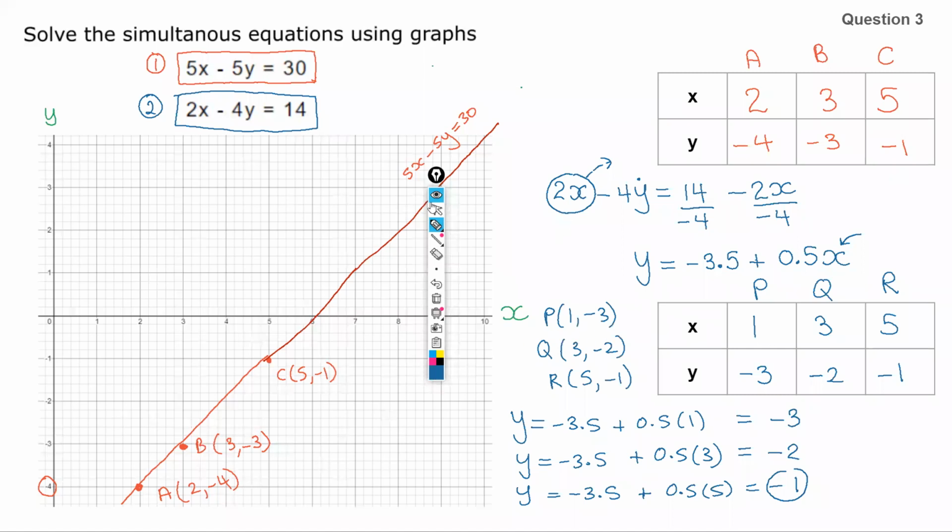Let's plot those points and see what it looks like. P is 1, and we go down to -3. Point Q, 3, and we go down to -2.